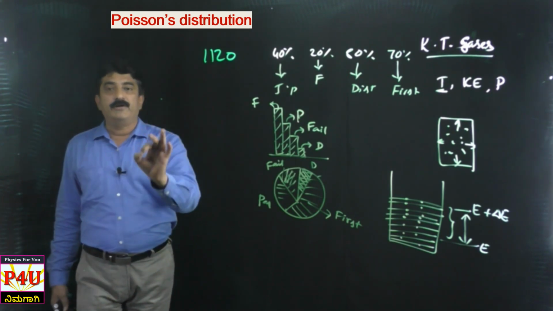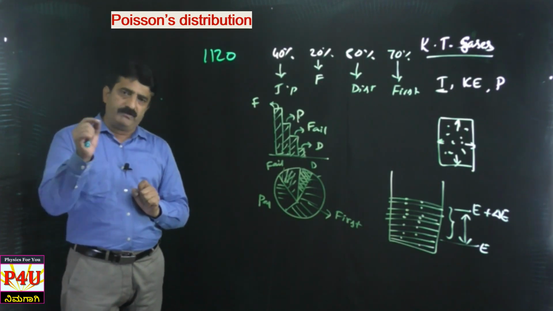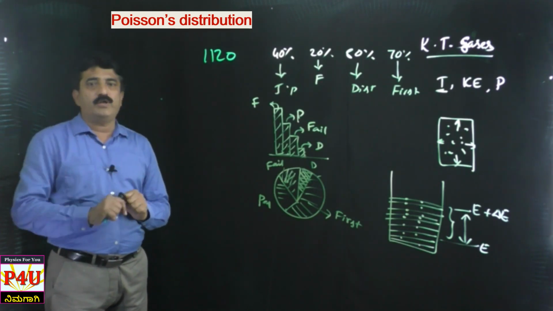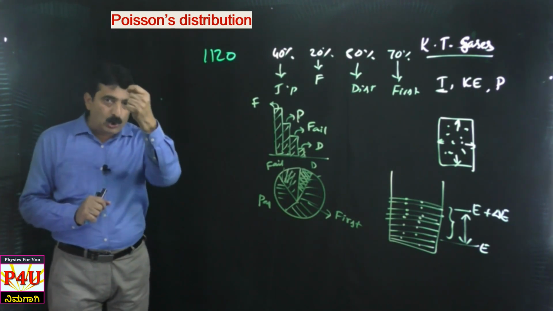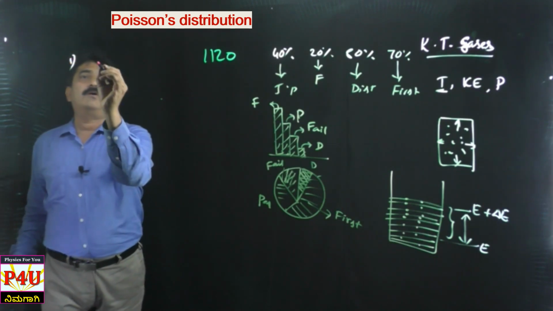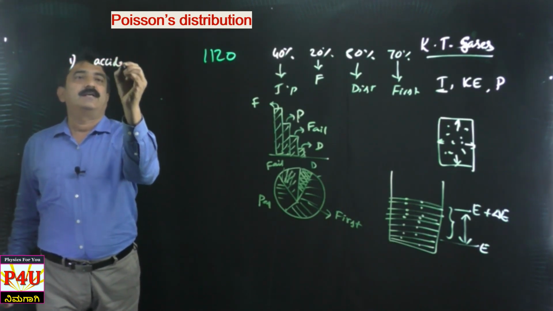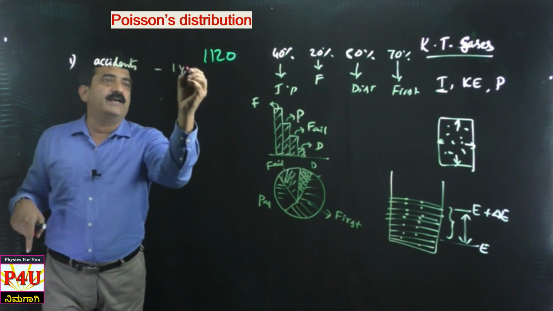Okay, now coming to Poisson's distribution. Poisson's distribution is very useful even in physics also. I give one or two examples later on. Before I take up this Poisson's distribution, look at these examples. First example, number of accidents occurring in a particular city in 1 year.